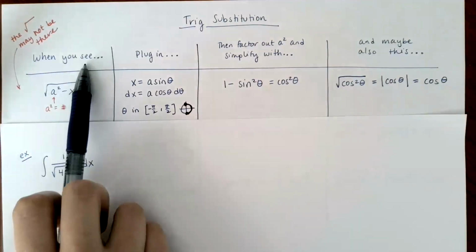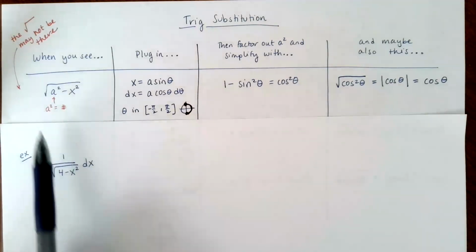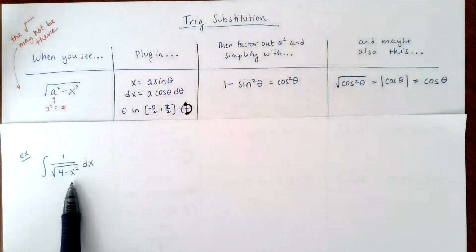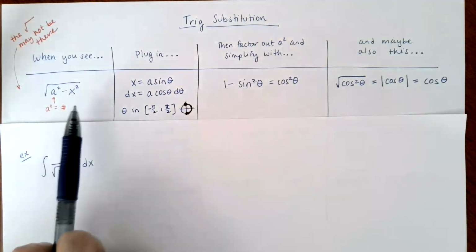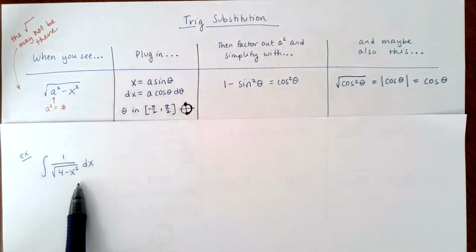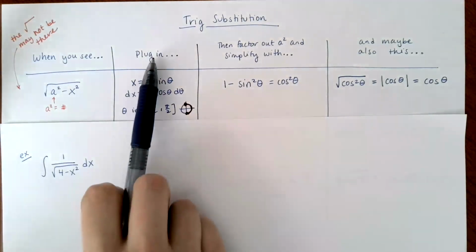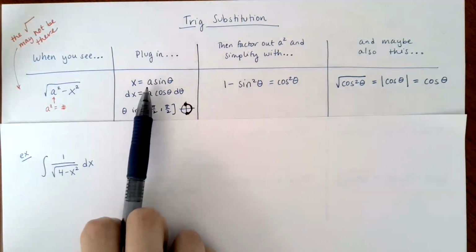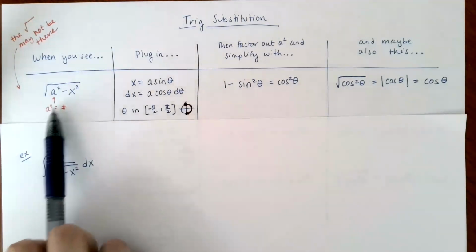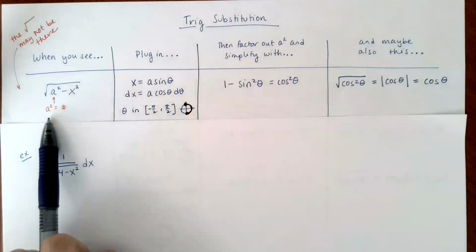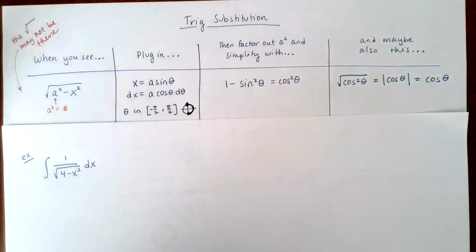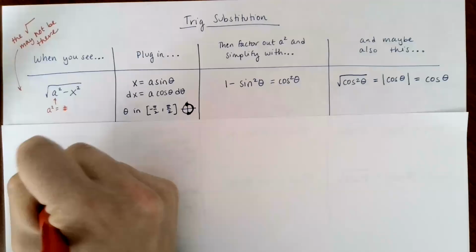The chart says, when you see something of this form in your integrand, and we can see it's not the entire integrand but the denominator of a fraction here, what they're prescribing is to plug in x equals a sine theta, where a is essentially the square root of the number you're seeing here. So that's what I'm going to do, and we'll see how all of this works out.